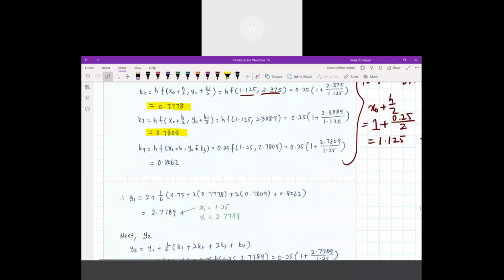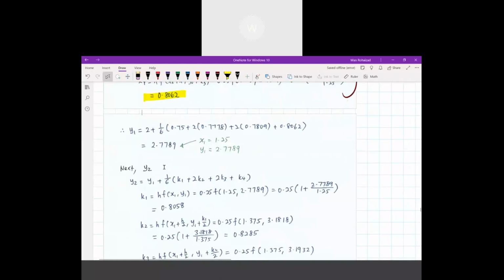So there is no over 2. So we have 0.25 f of 1.25, 2.78009 to substitute into f(x, y) or y prime, and then by using calculator, we have the value for k4 at 0.8062.